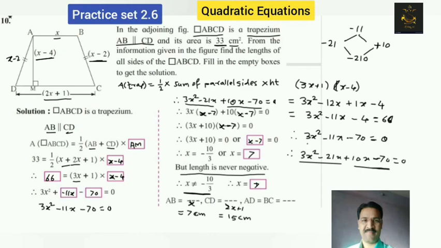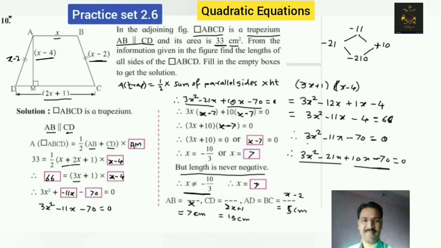And AD, BC, both these are the same. They are what? x minus 2. See here, this is 15 centimeter, and here this is x minus 2. So how much comes here now? 7 minus 2, which is 5 centimeter.